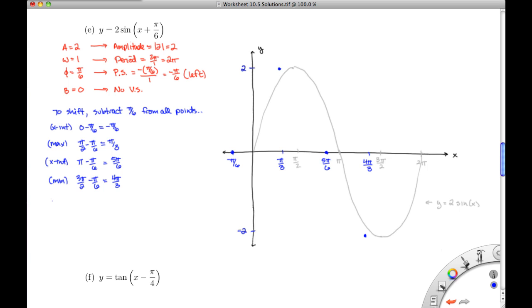And then lastly, our other x-intercept, which was at 2 pi. If we subtract pi over 6 from that, that's going to give us 11 pi divided by 6. So that's going to be right here, 11 pi over 6. And we'll plot that on the x-axis. So now we just take all of these shifted points and we connect them, and we should get our shifted and transformed curve.